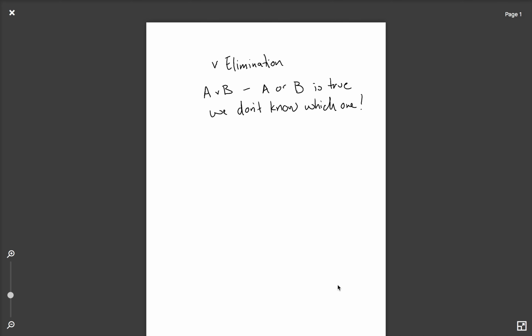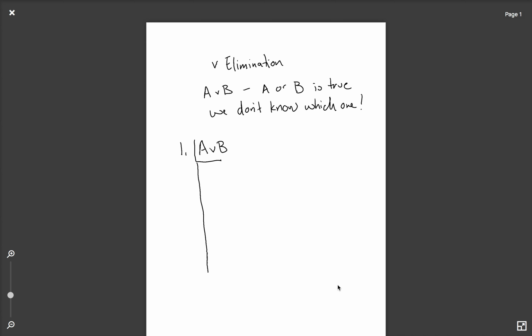So if I have a disjunction as a premise, that leaves me in a very difficult situation. Creating a disjunction with disjunction introduction is very easy because I just take a line I already have and add on a disjunction.